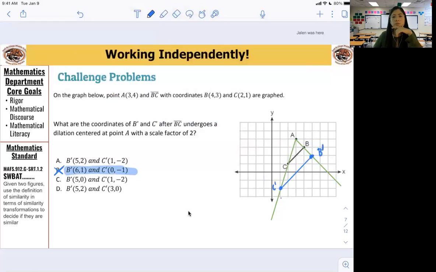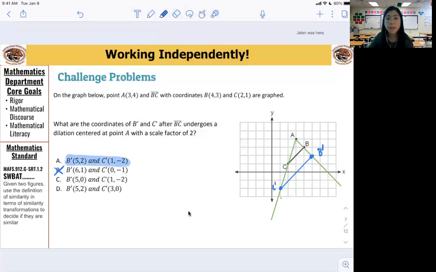Now, what can you do to check? How can I check to see if this is correct? What math could I do? Remember, Perla, I can't do that, because the center of dilation is not the origin. How can I mathematically confirm what I see? There we go.